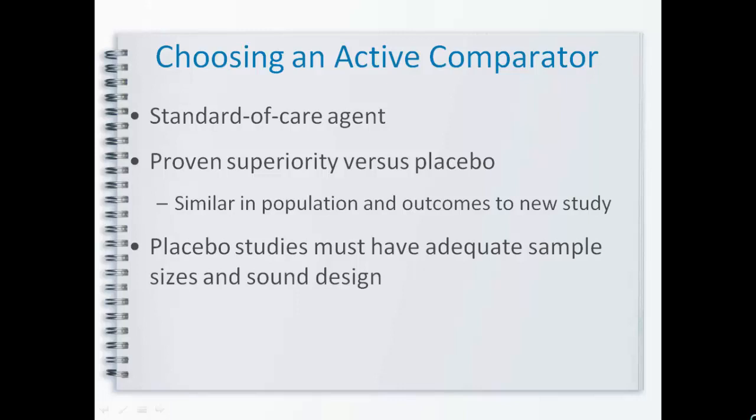The studies proving the efficacy of the active comparator should be designed similarly to the non-inferiority study, especially in that they should be looking at a similar population and a similar outcome measure. These placebo trials should also have an adequate sample size in order to establish efficacy, and should be well designed. All of these components are important because the conclusions of a non-inferiority study cannot be meaningful if the active comparator has not already been proven effective.